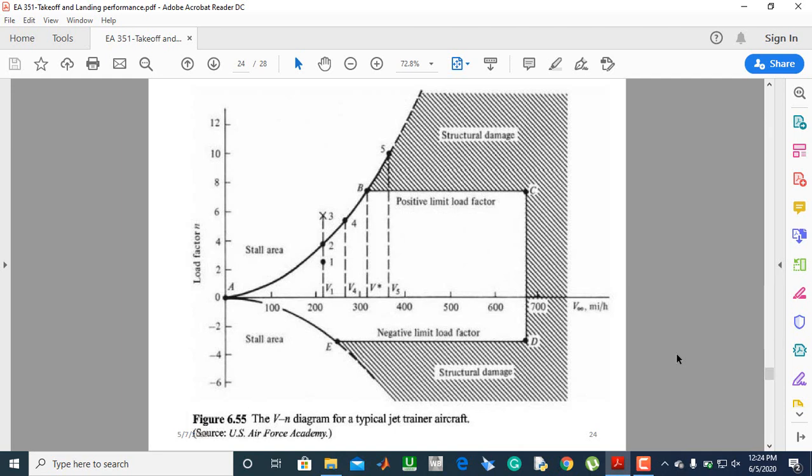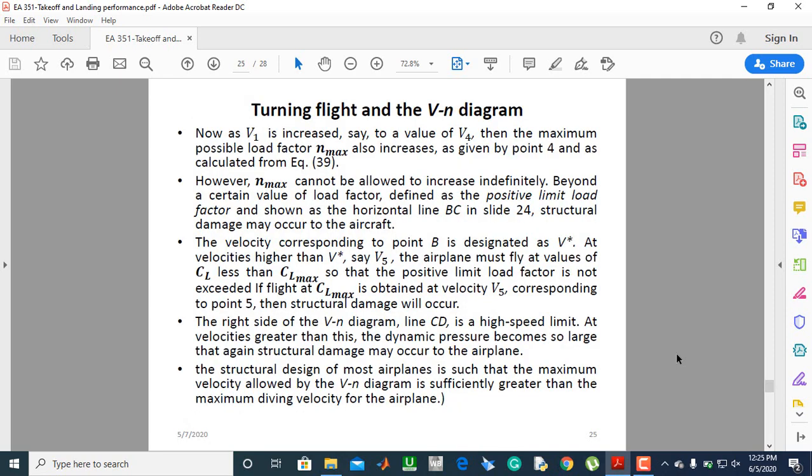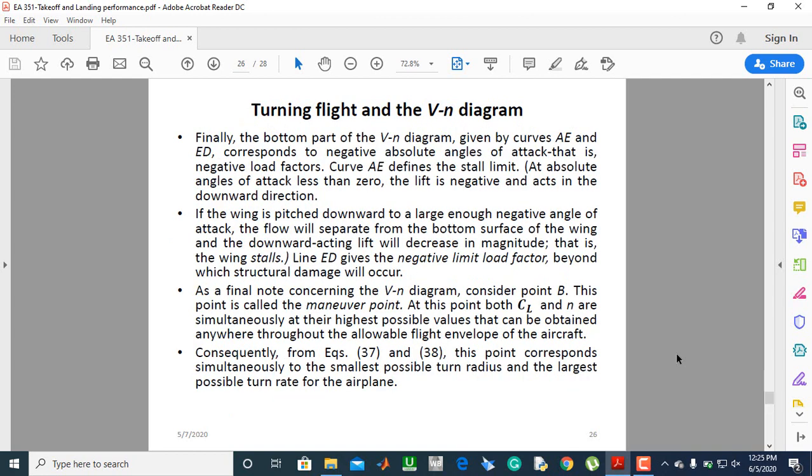Beyond this, structural damage will occur. Below it, we are still flying in the safe limit. The structural design of most airplanes is such that the maximum velocity allowed by the VN diagram is sufficiently greater than the maximum diving velocity for the airplane.